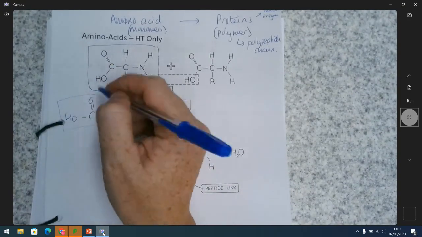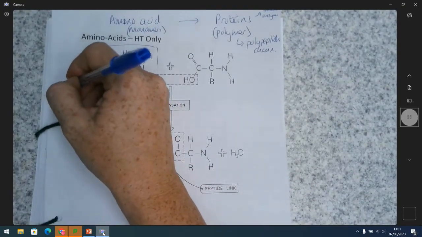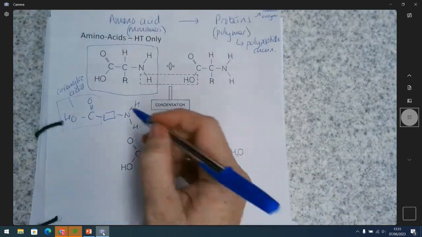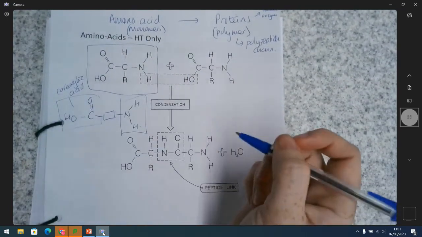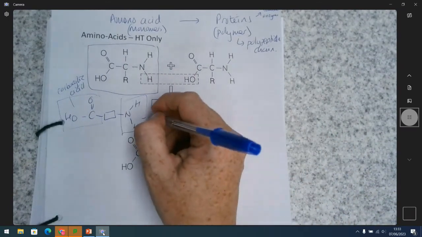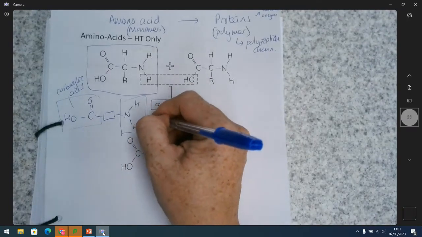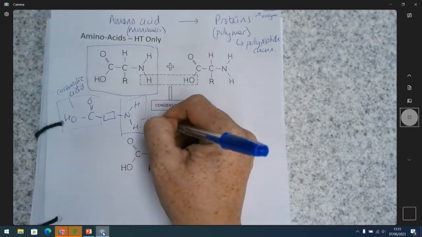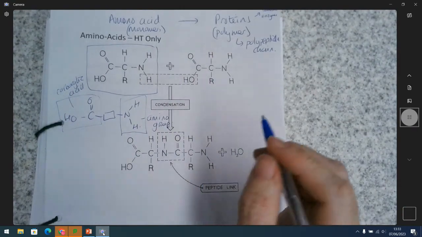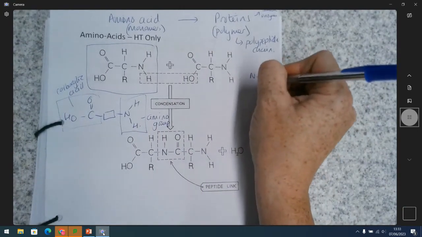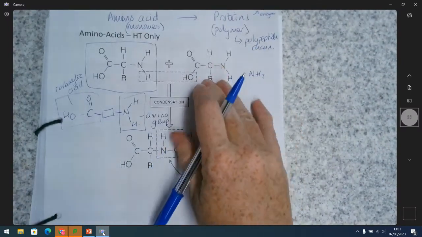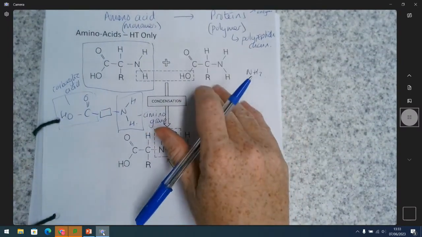So I can see that there is a carboxylic acid because I've looked at the structures of that before. And this is the part we haven't looked at before, which is NH2. And NH2 is my amino group. Okay, so that's my amino functional group, amine amino functional group. So NH2. Okay, so you can see I've got one amino acid, which is going to bond to another amino acid.